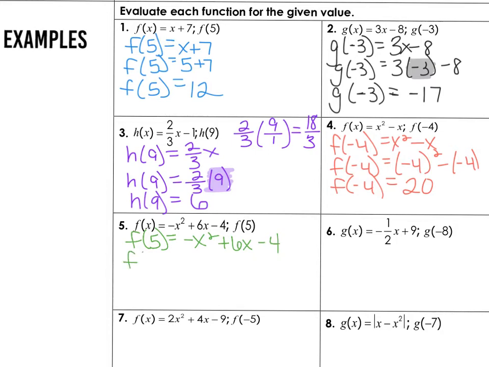Now, this is where it is super important to put in parentheses. The negative is not part of what you're plugging in. So when I plug in my 5, I need parentheses around just my 5. And believe it or not, that will affect your outcome if you don't put those parentheses. So I end up with negative (5) squared plus 6 times (5) minus 4.